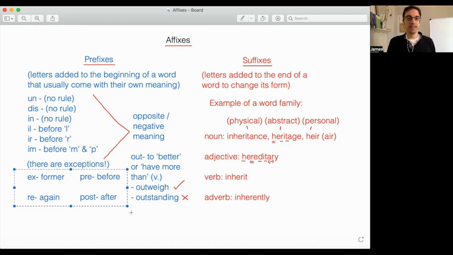So to give you a couple of example words, with a football game, you could have a pre-match interview with the manager or a player, and a post-match interview with the manager or player. So an interview before the game and an interview after the game. All right. Now, the one I really wanted to highlight on the prefix side is the prefix out.